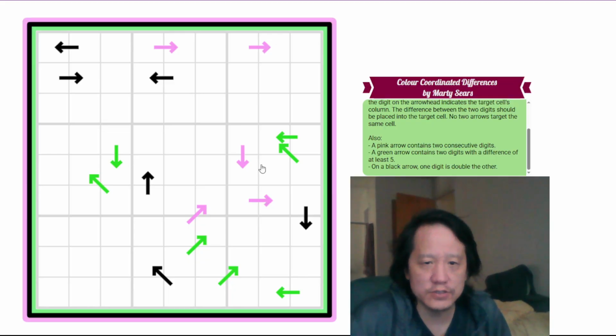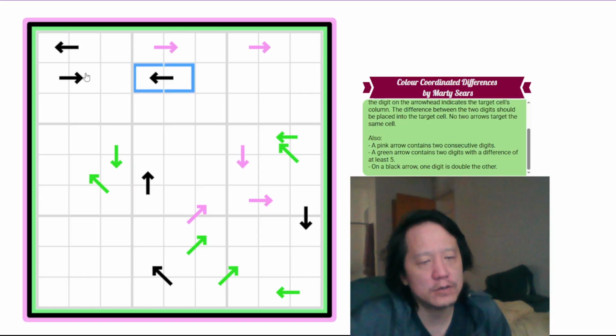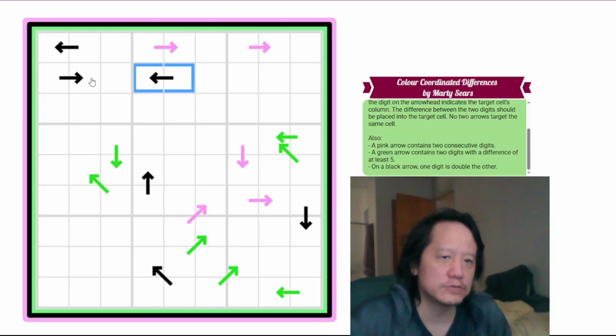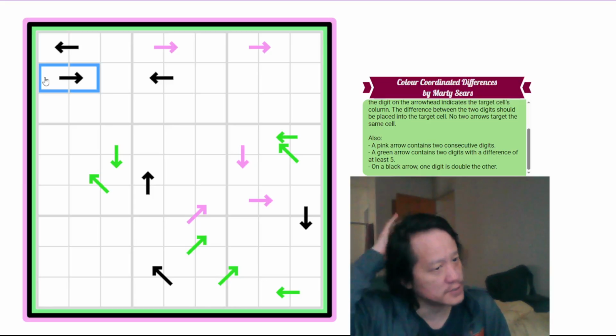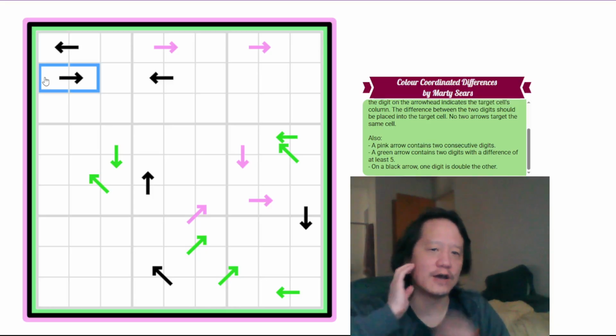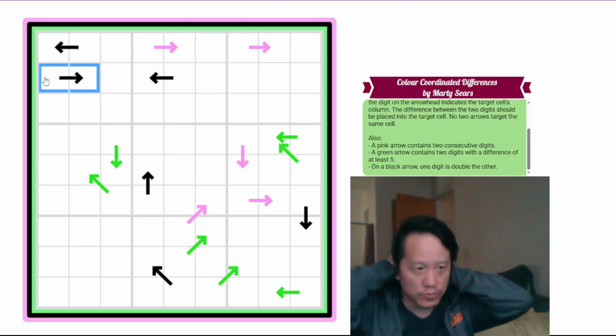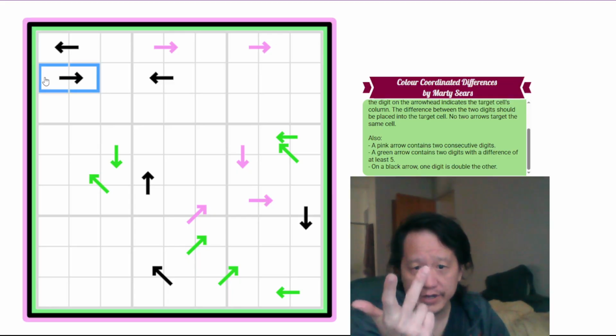Okay, what do we have here? Oh, this is going to be interesting. For all the black arrows, they can only have 1, 2, 2, 4, 4, 8, or 3, 6 as their coordinates. So 1-2, 2-4, 4-8, and 3-6.